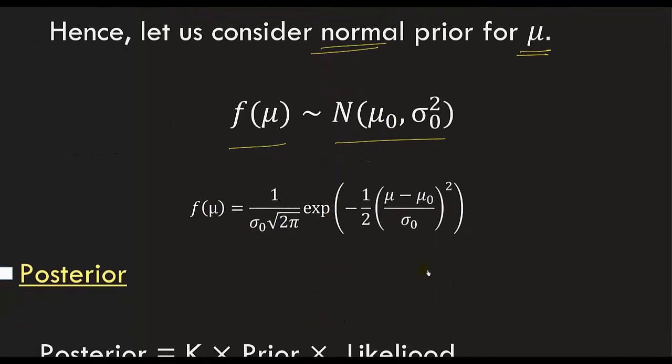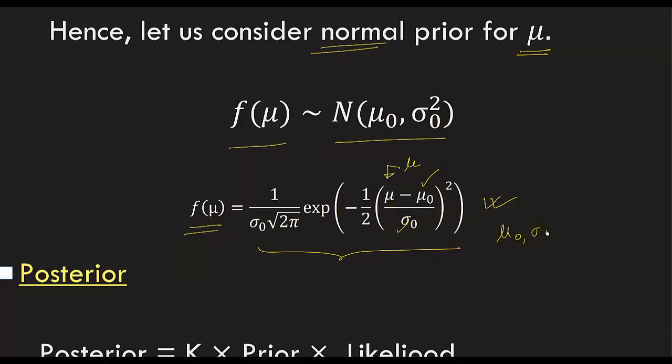In other words, we can write the PDF for the prior distribution for mu as this function. Only thing is, in place of x I have now replaced this with mu, because this is a probability density function for mu, and the corresponding parameters are mu naught and sigma naught. Of course, in both cases, these parameters are known.